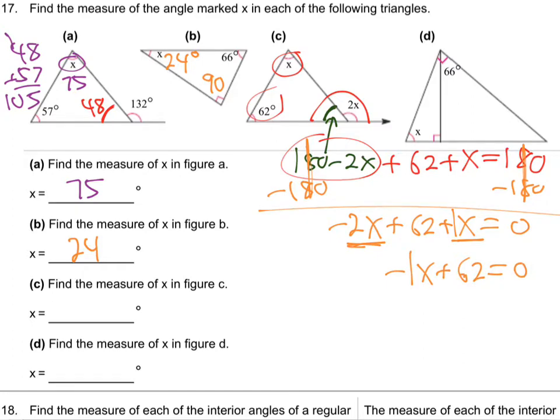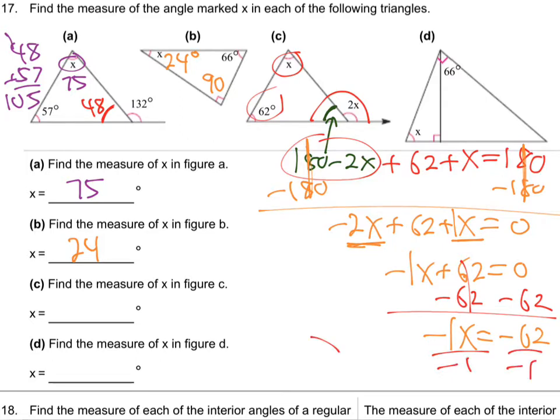Is that good there? And then just subtract the 62 to the other side. Minus 1x is minus 62. Divide by the minus 1. x is 62.